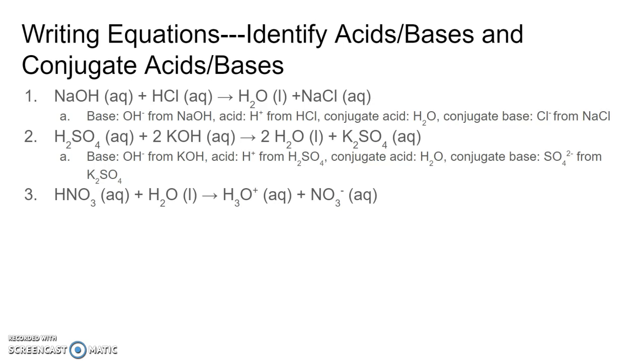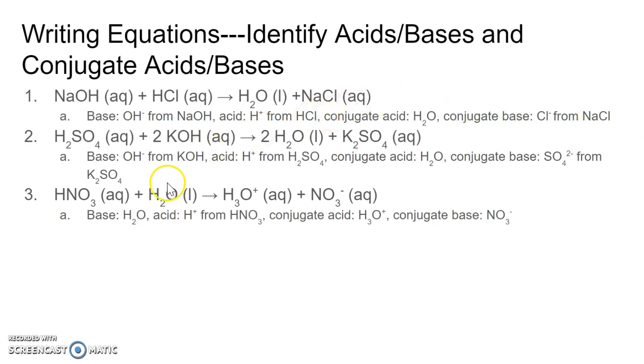All right, here's nitric acid reacting with water. So pause, see if you can predict. Okay. So in this particular case, water is what's actually acting as the base. The reason I know that water ends up acting as a base here is because of what actually ends up forming. So it kind of helps to see that when going through.